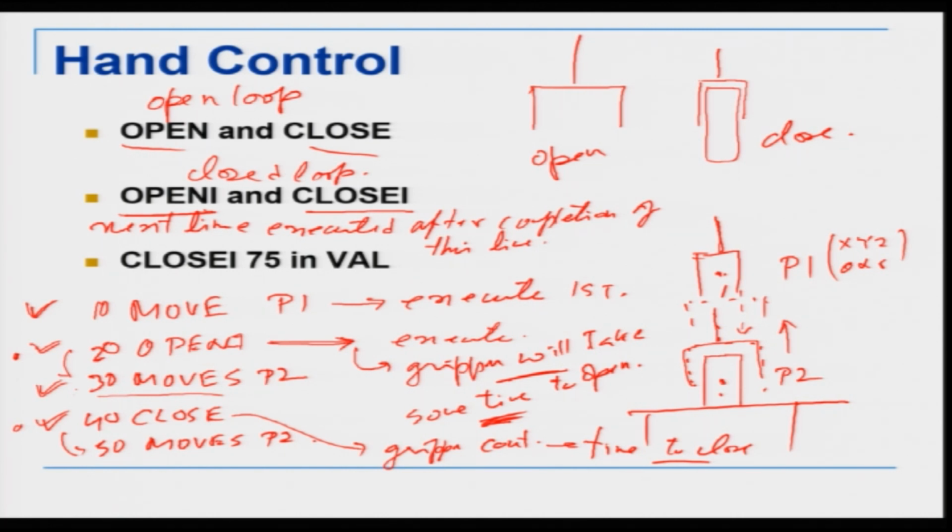So, when we are trying to catch an object using the open and close commands, then we use the closed loop commands, which are OPENI and CLOSEI.